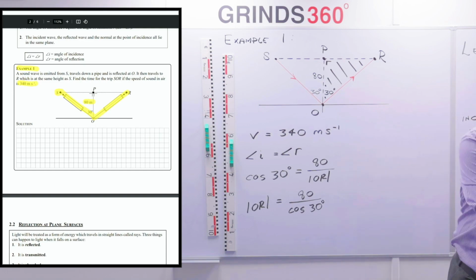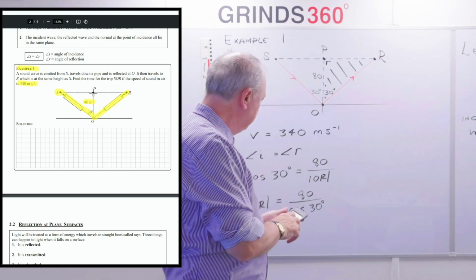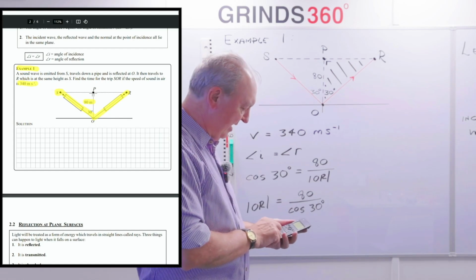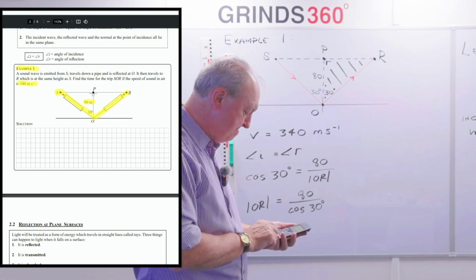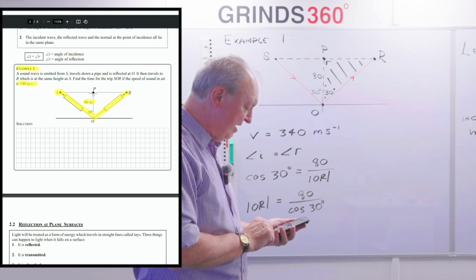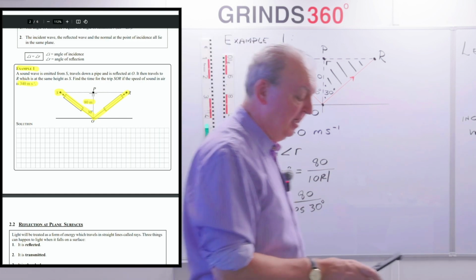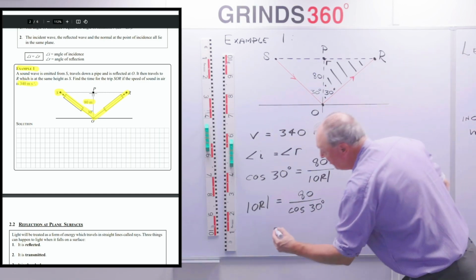I'm going to put that into my calculator. So always have your calculator and your table book at hand. So 80 divided by cos 30 will give me, say, to one decimal place, 92.4. And that's 92.4 meters.